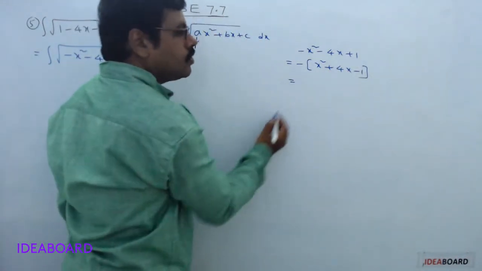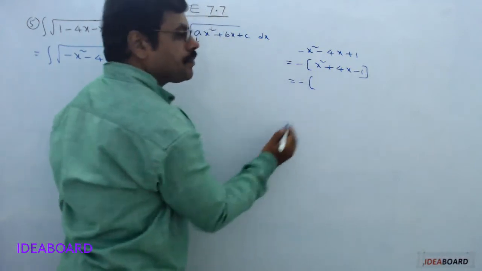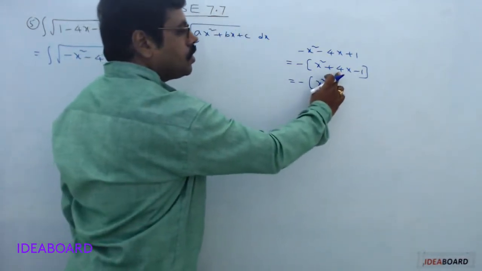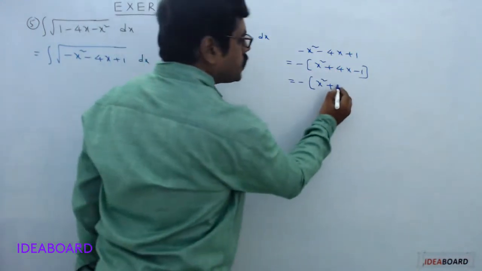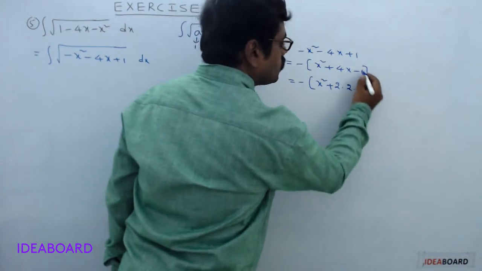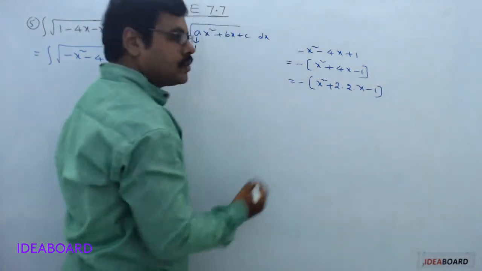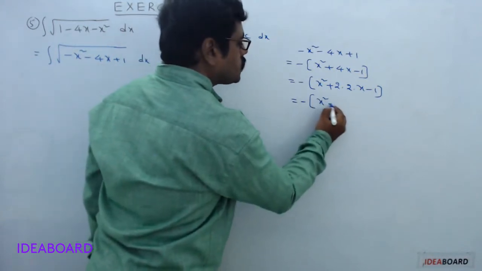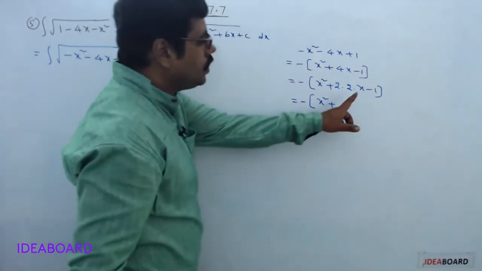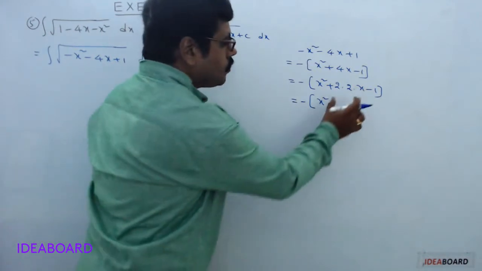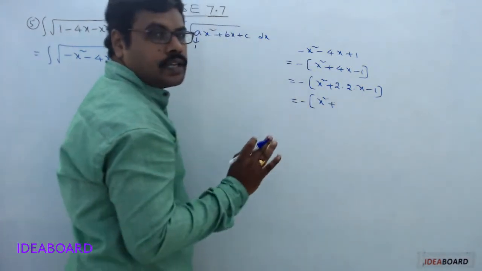Now this is equal to minus of x square plus, here the term 4x can be taken as 2 into 2 into x, minus 1. Now if you interchange this x and 2, the value of this term does not change.